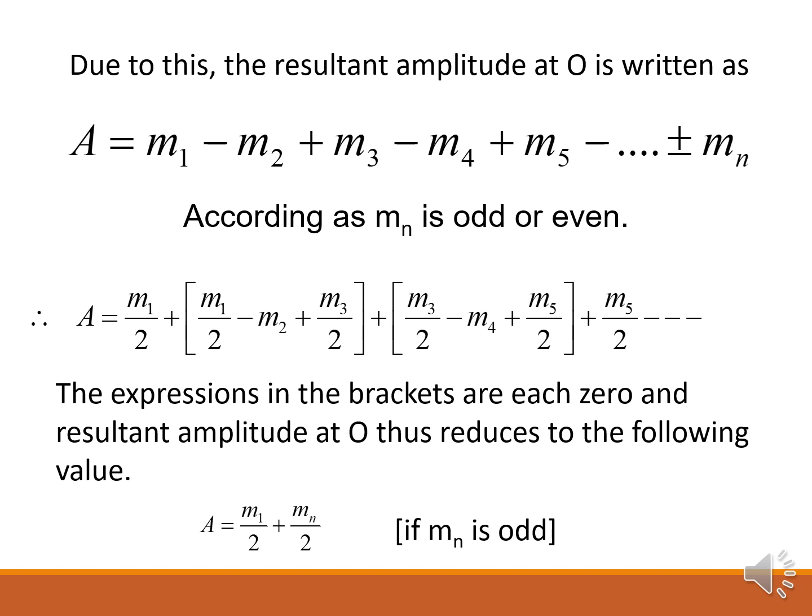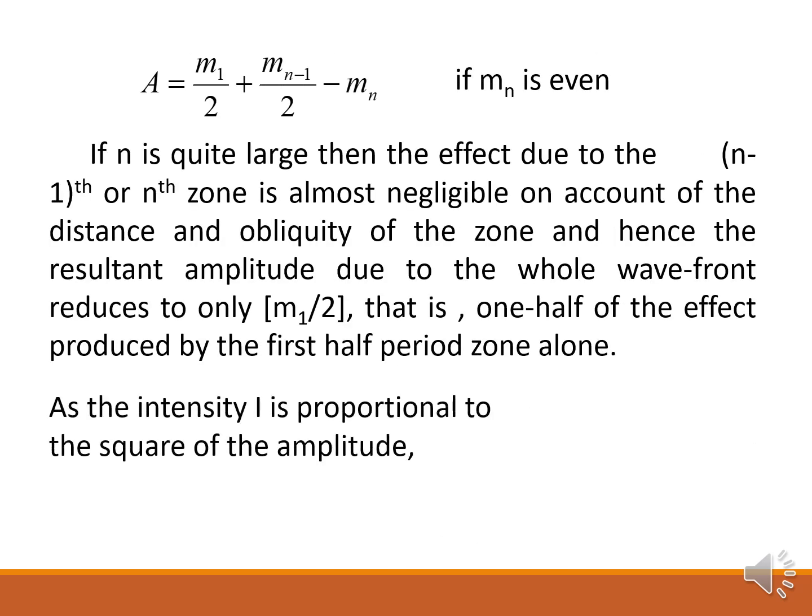What is that? A is equal to M1 by 2 plus Mn by 2 if n is odd, and A is equal to M1 by 2 plus M(n-1) by 2 minus Mn if n is even.